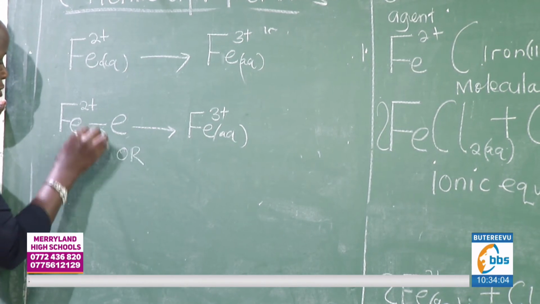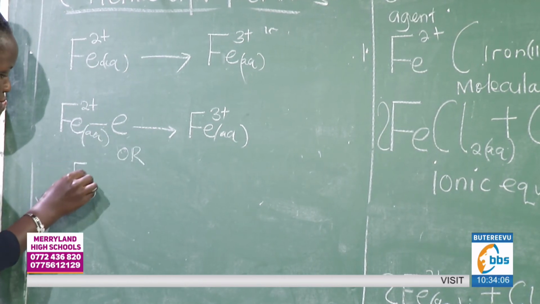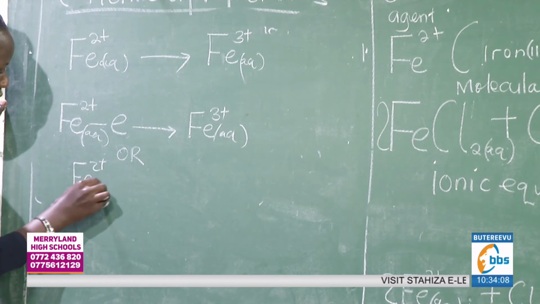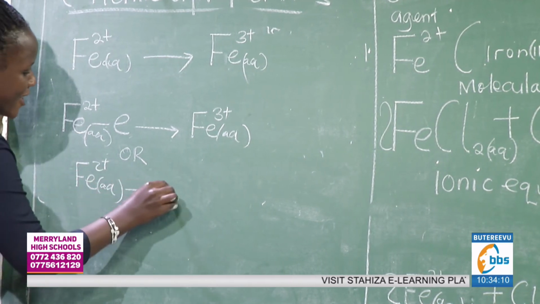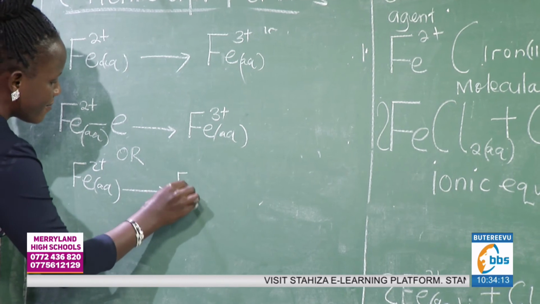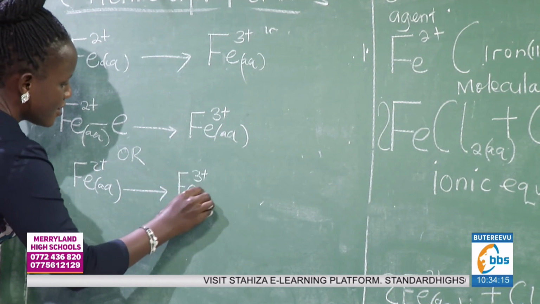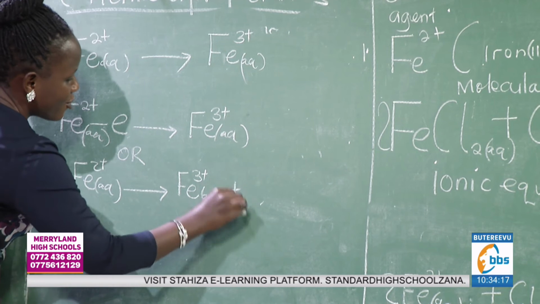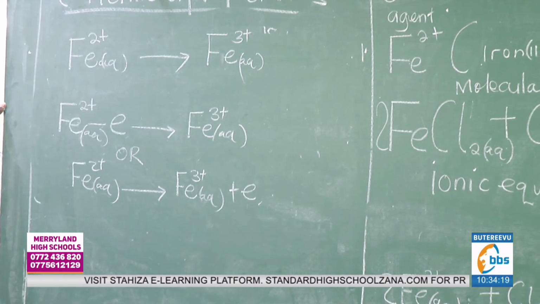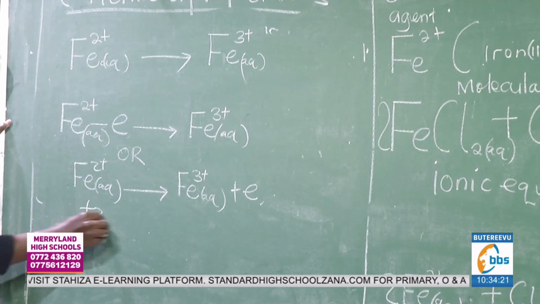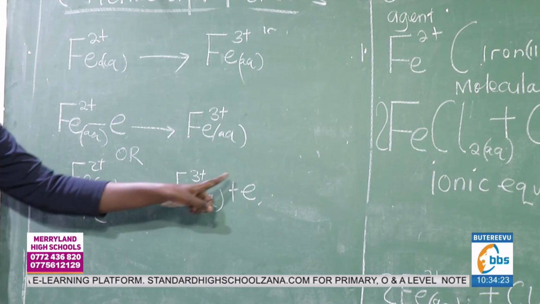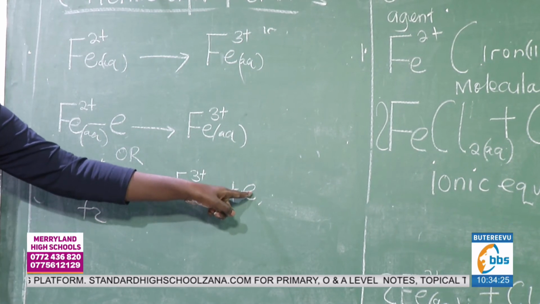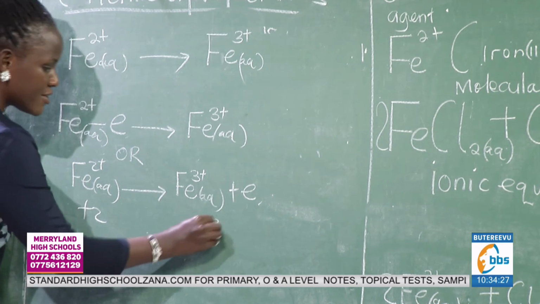It will be iron 2, giving us iron 3 as the electron comes this side. What does that mean? You have a positive 2 here. Here you have positive 3 plus negative 1, because remember electrons are negatively charged. You'll also have positive 2.